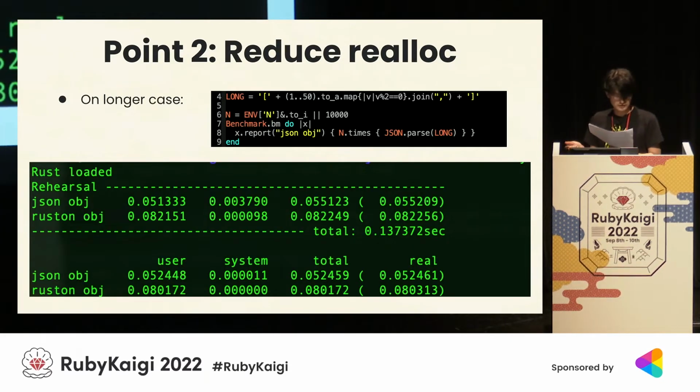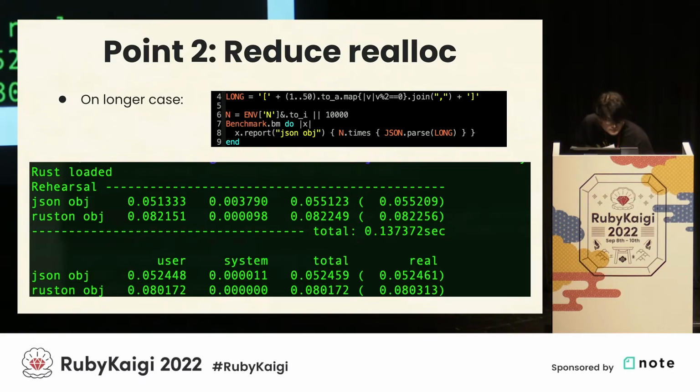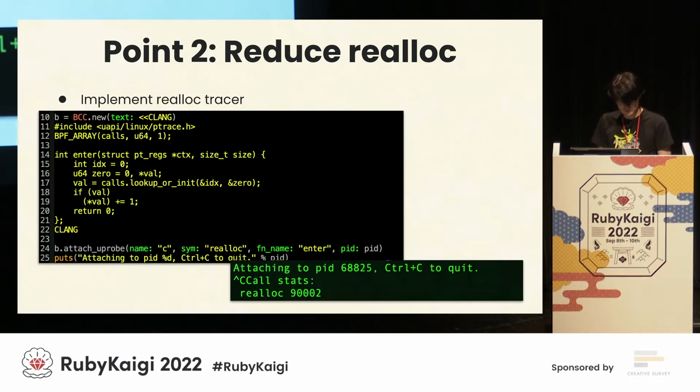But in the other case, when the target string is a bit longer, the difference between Rust and C is still noticeable. So I decided on the next action: reducing realloc. I wrote new BCC code to count up realloc, and found a place called very many times.